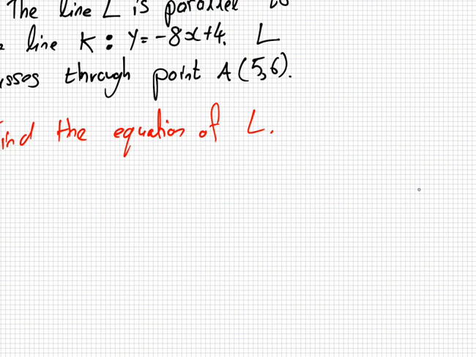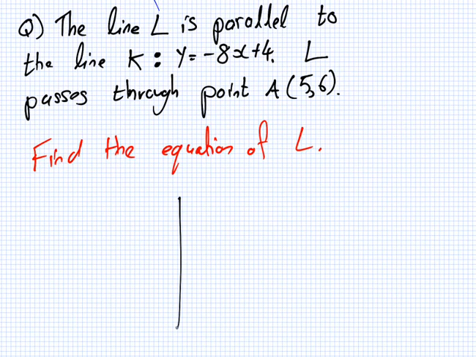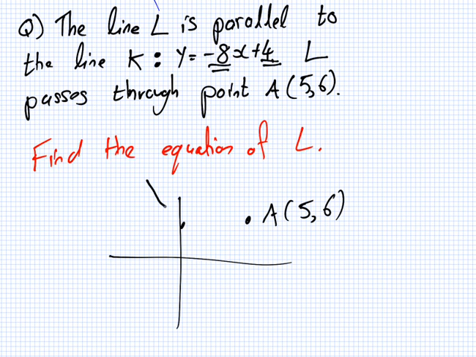The line L is parallel to the line K. And the line K is this line, y equals minus 8x plus 4.